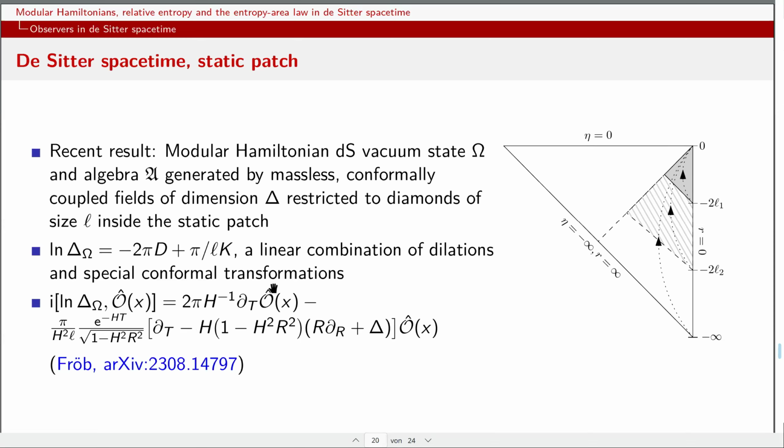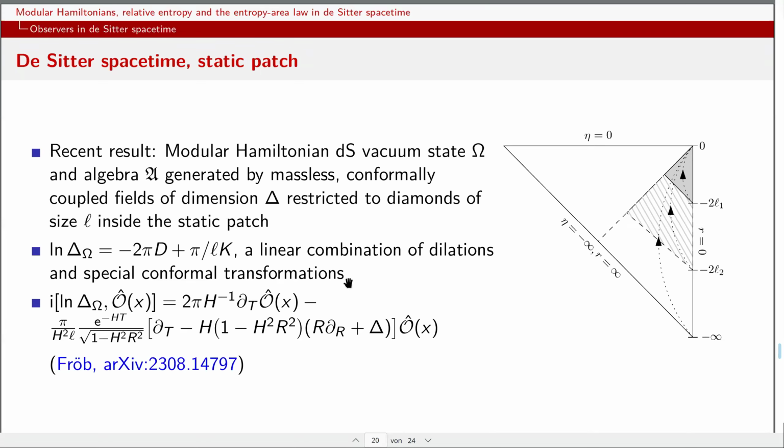The first one is just the static time translations, so that would be the result for the full patch. And then there's a correction term, so one subtracts something mildly complicated. Here delta enters as the conformal dimension of the operator O. You can see that this correction term depends on the size of the diamond, L. As the diamond becomes large, so that means as we go down here and recover the full static patch, this term goes to 0, so we recover the right result.